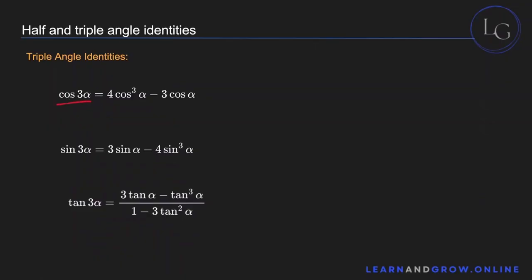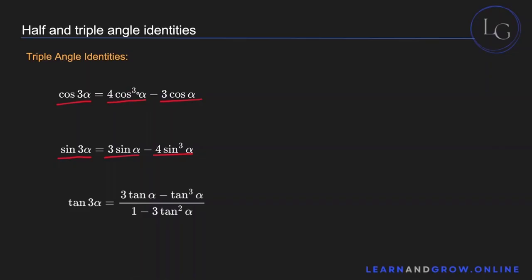So cos 3 alpha, again, you can prove this by the fundamental law and all the identities that we discussed beforehand. It ends up being equal to this. Just memorize them or they'll be given to you. Sine 3 alpha is equal to this. So you can see that the difference between cos 3 alpha and sine 3 alpha is again very minimal, right? Basically, the signs are opposite and the functions are also opposite.